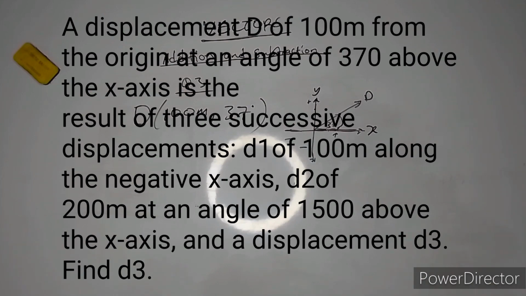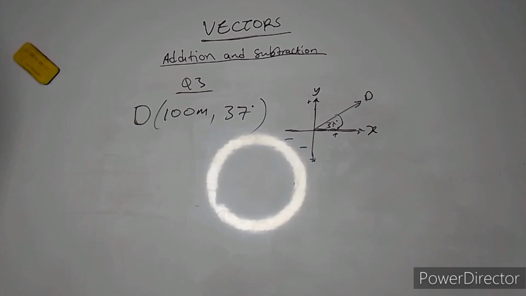Next, they are saying d is the result of 3 successive displacements, which means they added 3 vectors to find this d. What are those vectors?